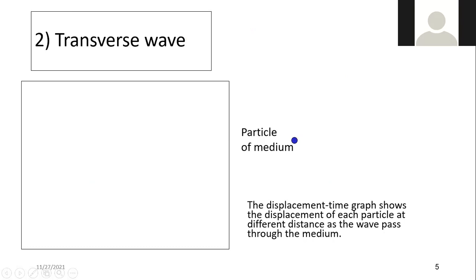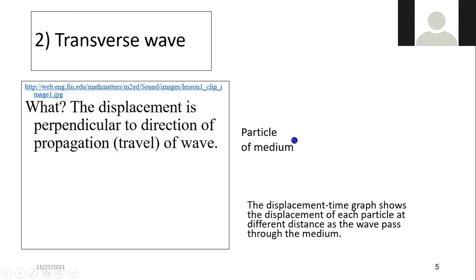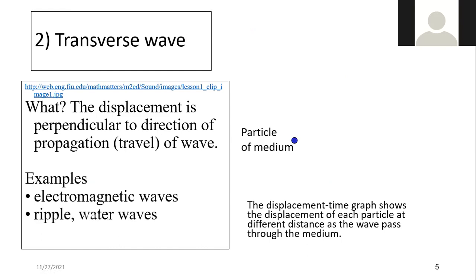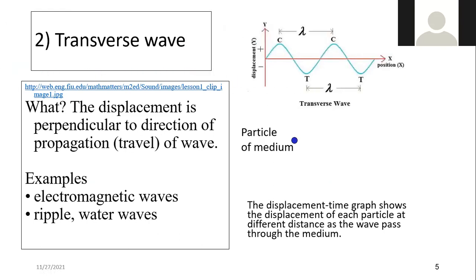Two types. So transverse wave: the displacement is perpendicular to the direction of propagation or travel of the wave. Examples: electromagnetic waves, which you will study later on, and ripples, water waves, in your ripple tank experiment. Basically that is a transverse wave.